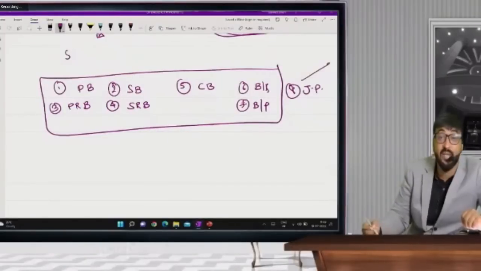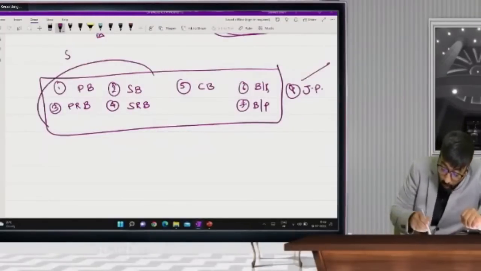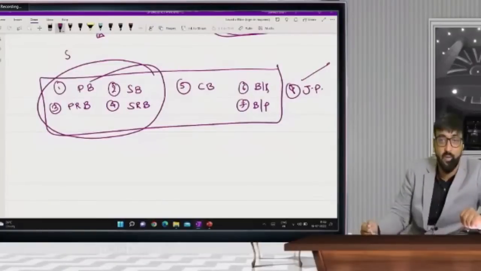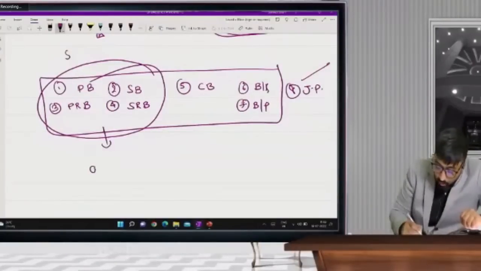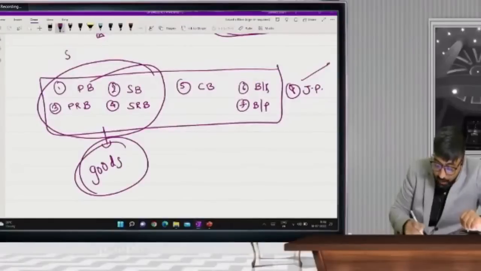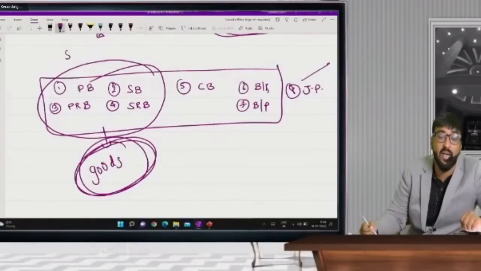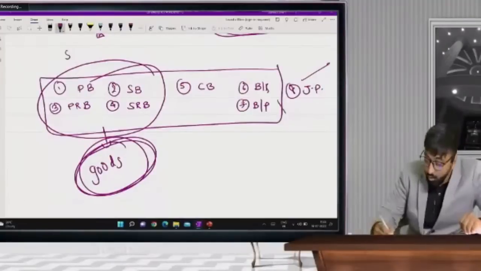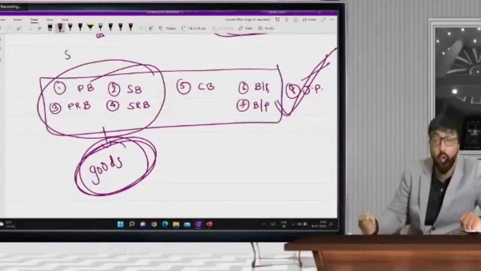It is a residual book. These four books are related to goods account, the inventory that we are maintaining. If you purchase furniture, you will record it in the journal proper.